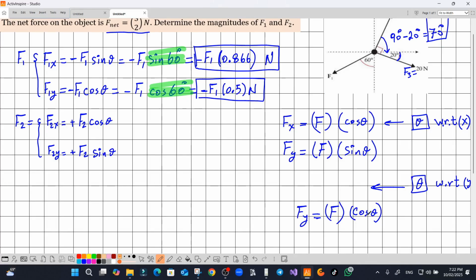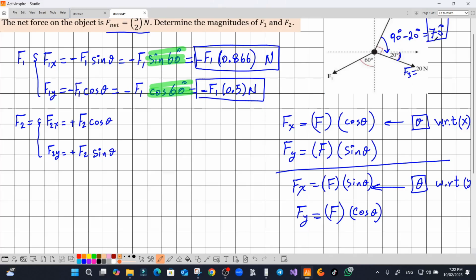And since we have used the cosine for Fy, we're going to use the sine for Fx. So first, whenever you want to decompose any force, you just look at the angle and you should ask yourself: is this angle with respect to the x-axis? Did we measure it with respect to the x-axis or with respect to the y-axis?